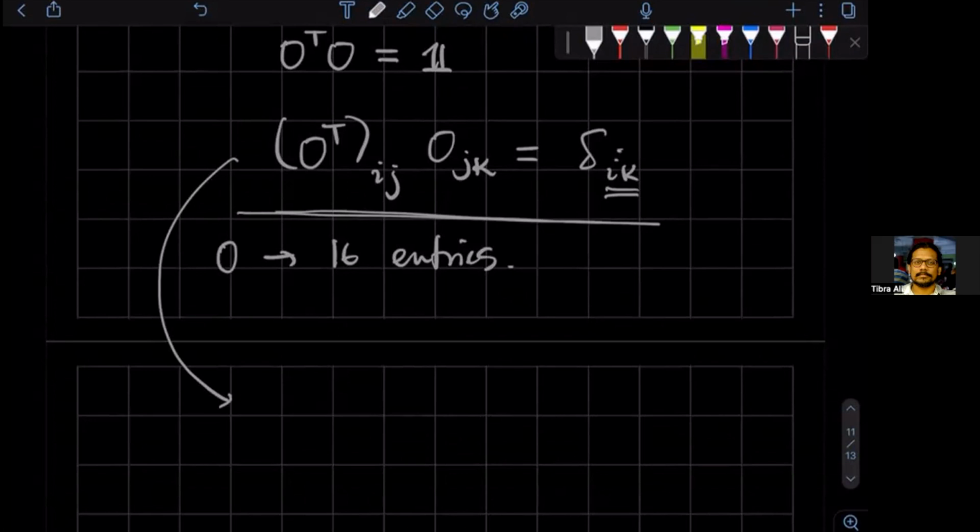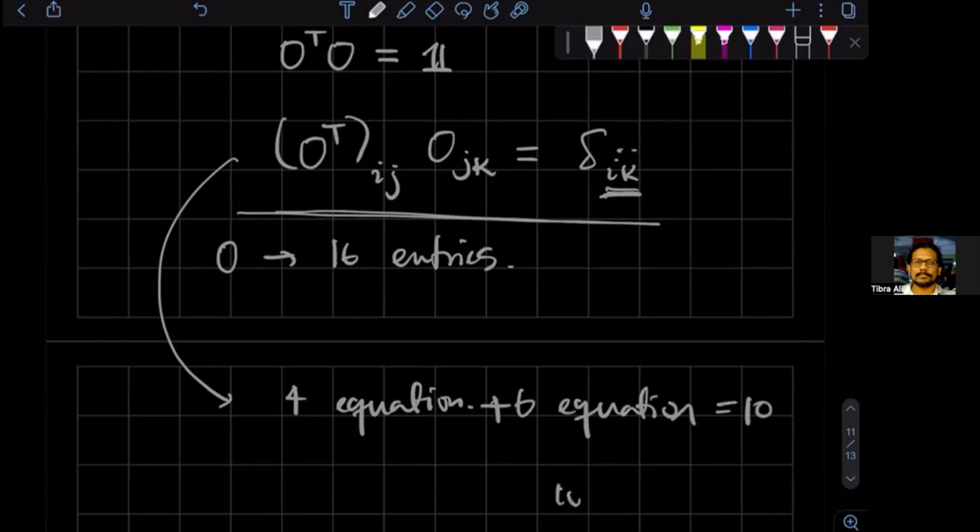When i equals k, we have 4 equations. When i is not equal to k, we have 12 equations, but because of the symmetry, we have 6 independent equations. So we get 10 conditions.